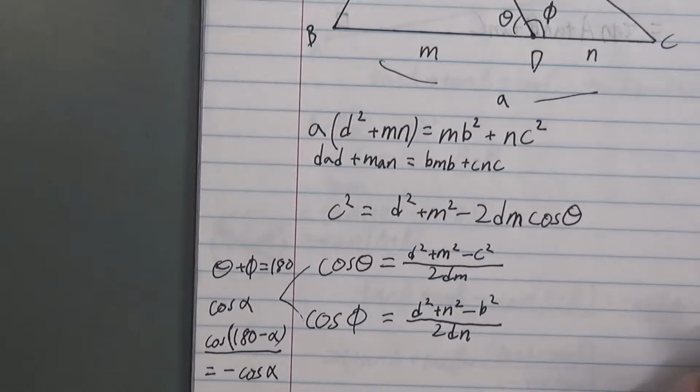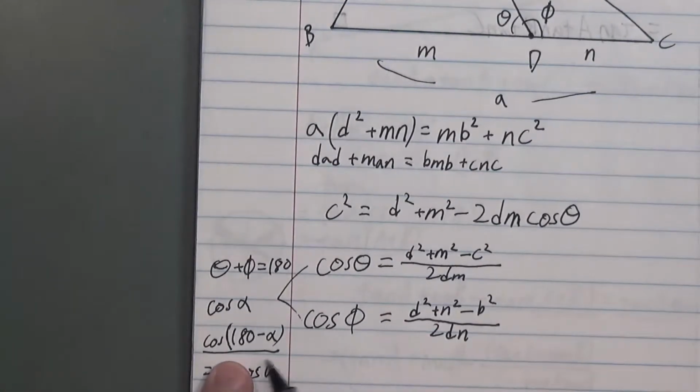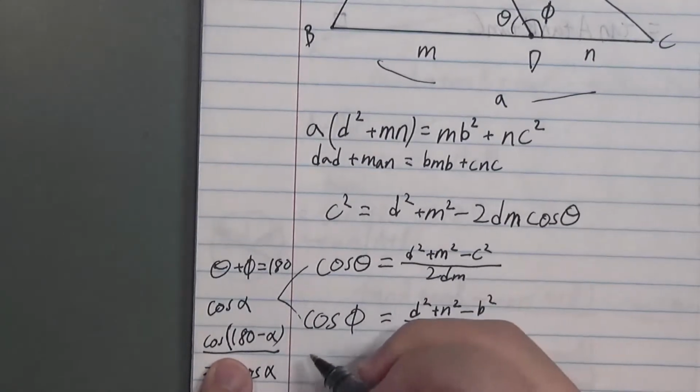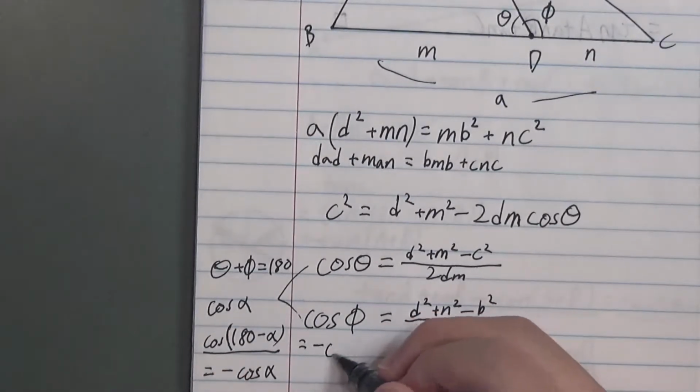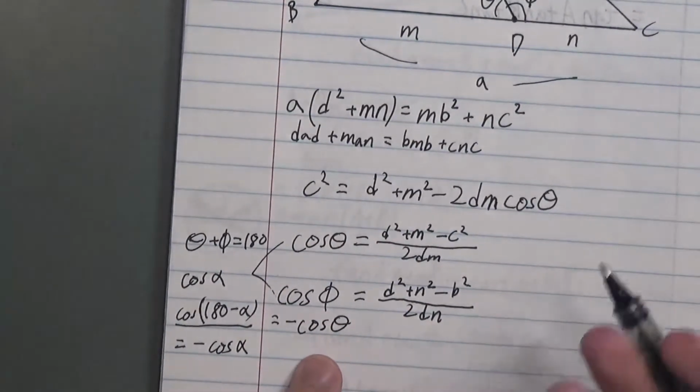So since phi is 180 minus theta, this is actually just minus cosine of theta, right? There we go.